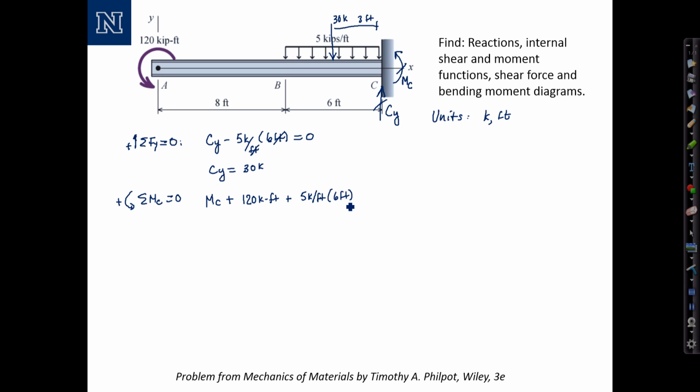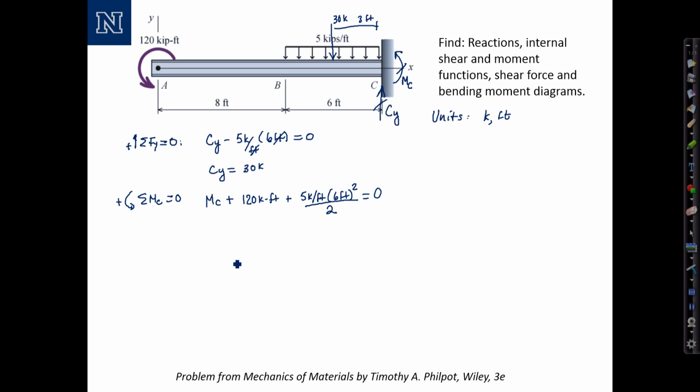That's where we get the 30 kips. And then the lever arm is half of that distance, or 6 over 2. So I would just replace this 6 feet squared and then divide by 2. So notice the moment is equal to the load times the distance squared divided by a factor of 2.